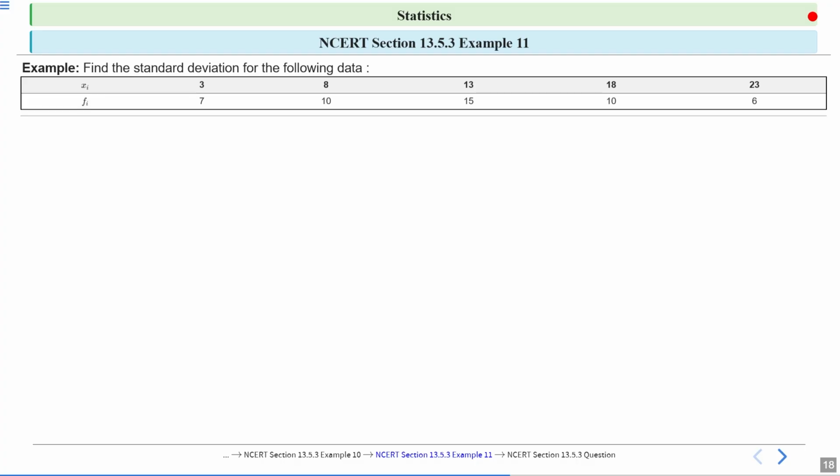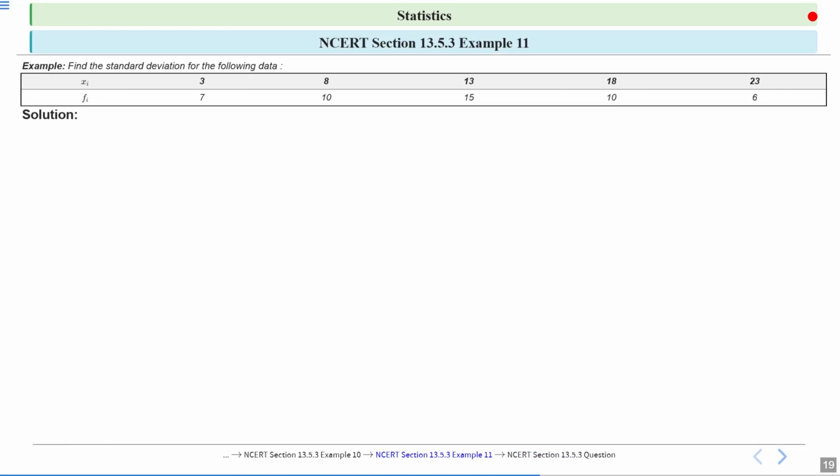The second row shows the values of fi, which are the corresponding frequencies of xi. The values of fi are 7, 10, 15, 10 and 6. So first of all, try it yourself and then see the solution.